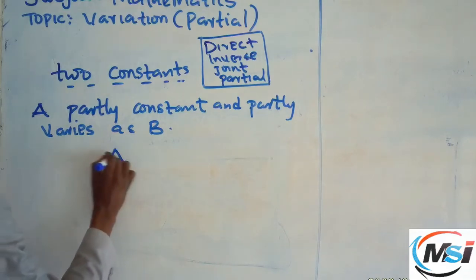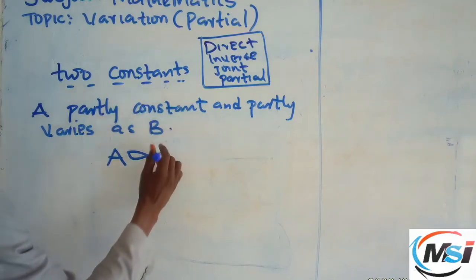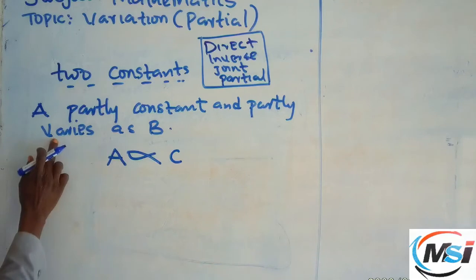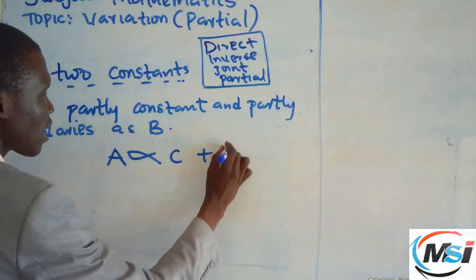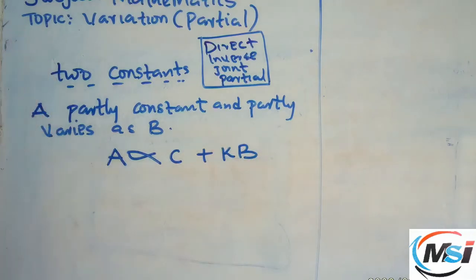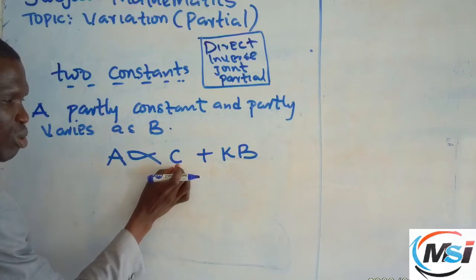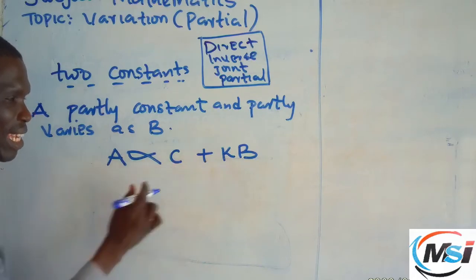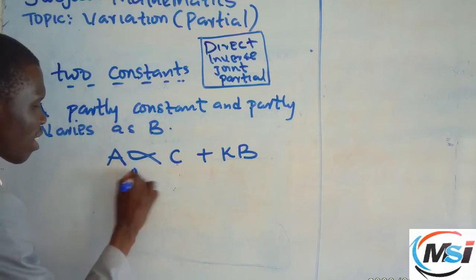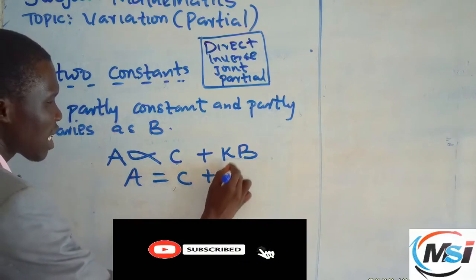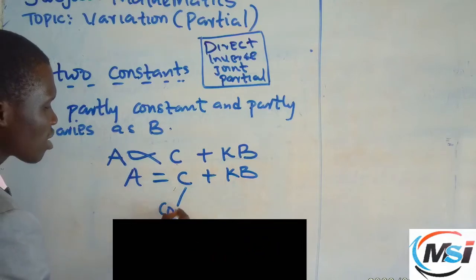A partly constant C, and partly varies as B, plus KB. You may want to ask the question, what do we mean by C and K? So A will be equals to C plus KB. C is constant.